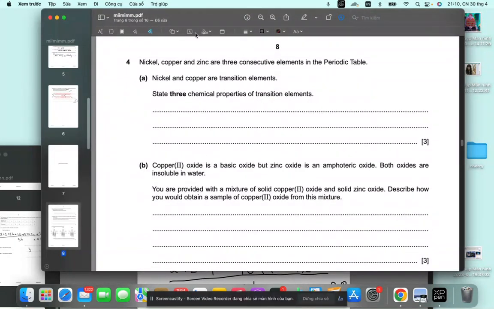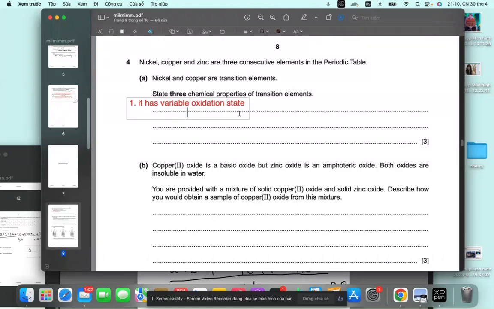State 3 chemical properties of transition elements. So the property number 1 would be it has variable oxidation states.